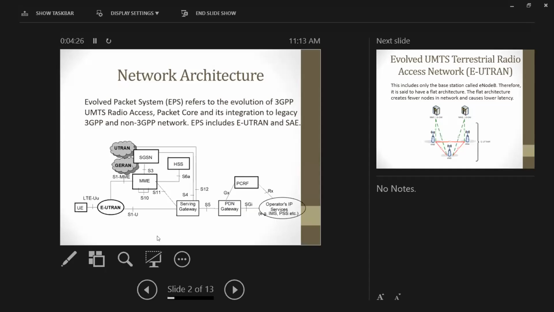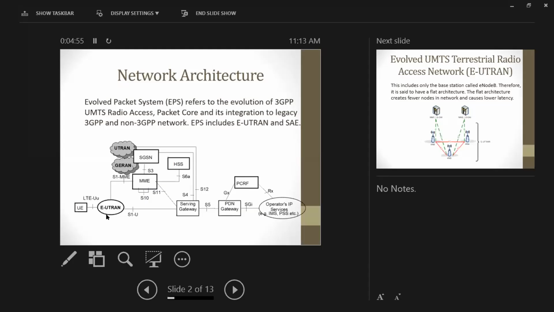Now the control operation. For control in the core network, there is the MME, the whole term is Mobility Management Entity. But I say that the whole terms you don't have to remember. MME is the component in the core network to take care of all control operations in the core network.